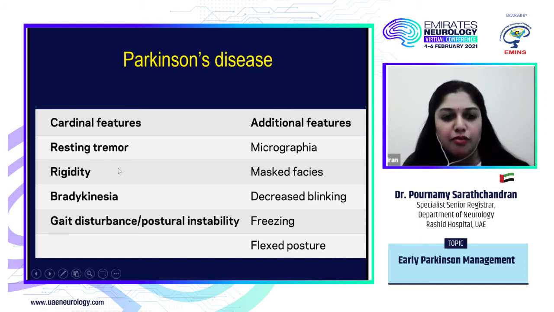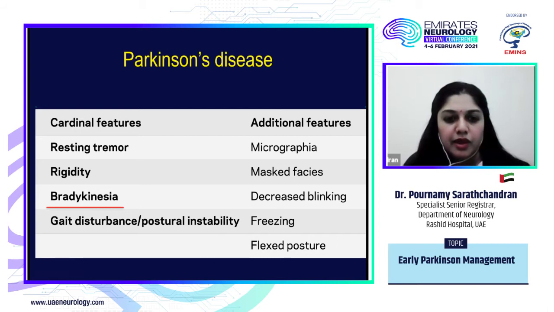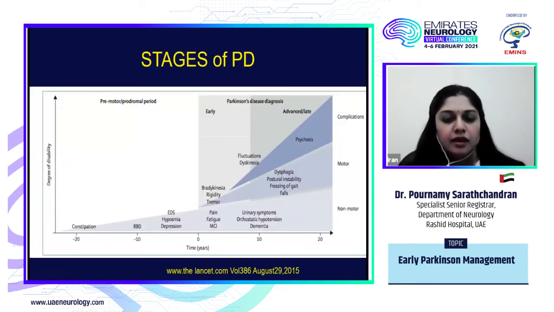For the diagnosis of Parkinson's disease, the feature which is a must is bradykinesia, along with one of the other features, rest tremor or rigidity. Now, as I told, diagnosis requires demonstration of motor symptoms, which includes tremor, rigidity, and bradykinesia.